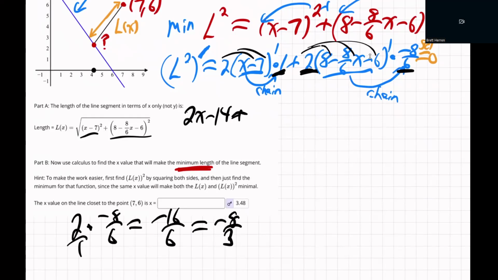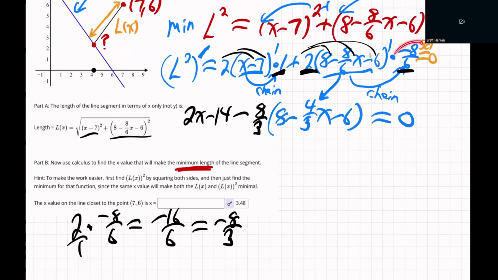It's going to be minus 8 thirds times the x minus 8/6 x minus 6, and I'm going to reduce this to 4 thirds x, equals 0. So see what I did? I did this minus 8/6 and this 2. Since they're multiplying, I just put them together in the front, right? These are just three things multiplying. You could do them in any order. I'm saying just do the 2 and the minus 8/6 first. Did that right here, simplified it. And I also simplified that, guys, trying to make this easier because the numbers are a bit messy, and this is the easy version without the root.